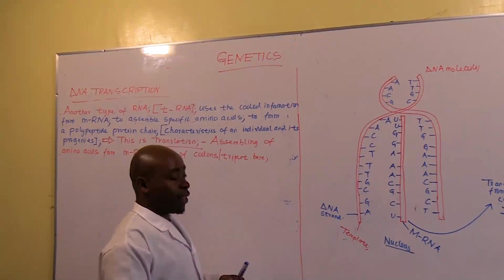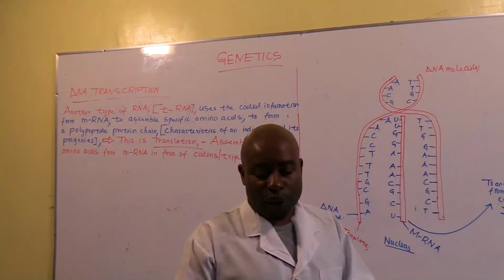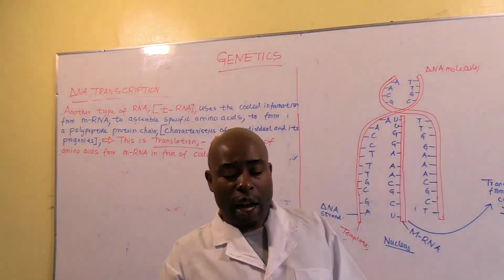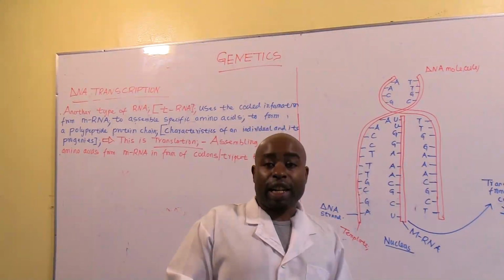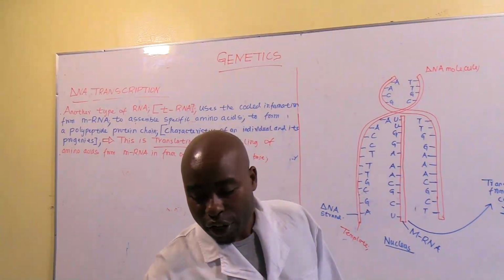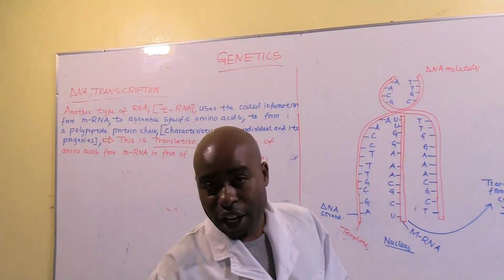That is now known as the translation process. So eventually, it is the protein that will be formed that will determine the inherited characteristics in an organism. That is all about the transcription process and translation.